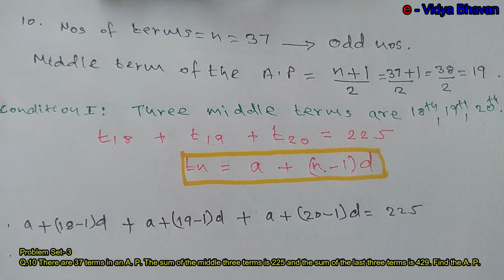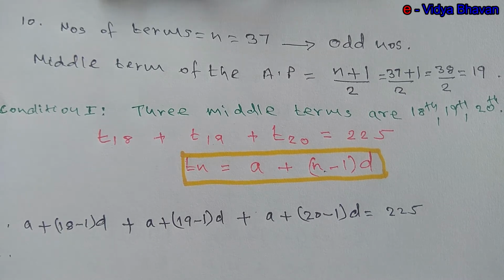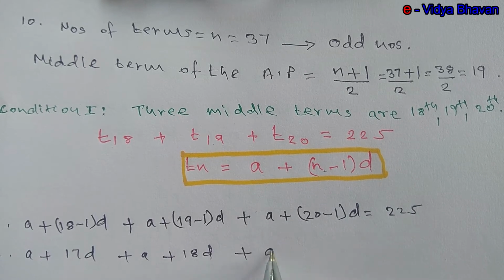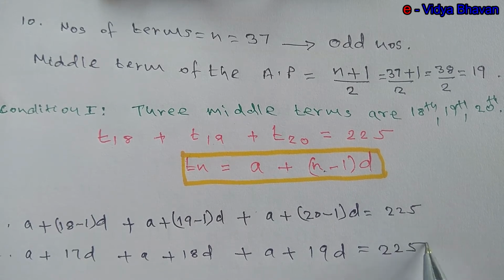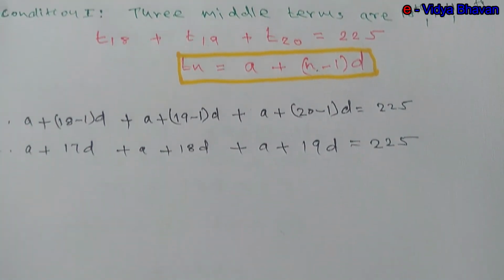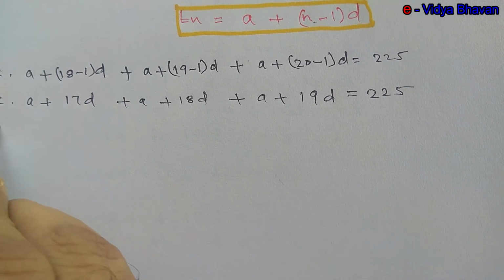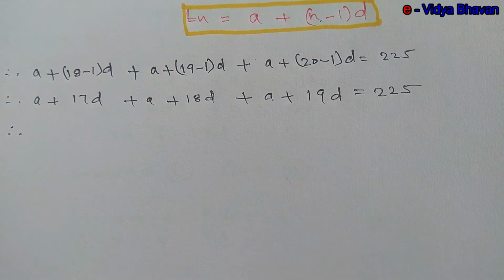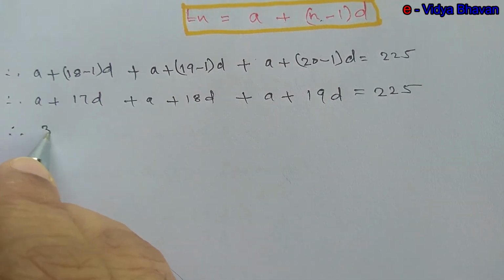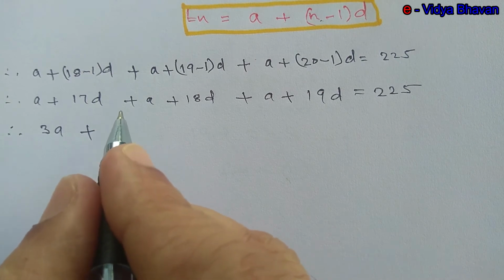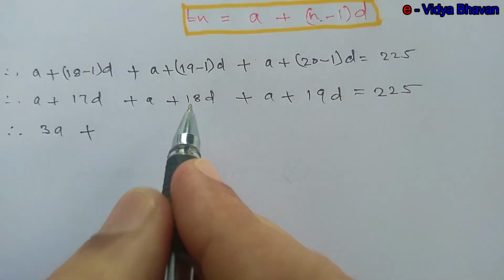Therefore, we can open the bracket here. a plus 17d, a plus 18d, a plus 19d is equal to 225. Therefore, we have 3a from the a's and 17d plus 18d plus 19d.